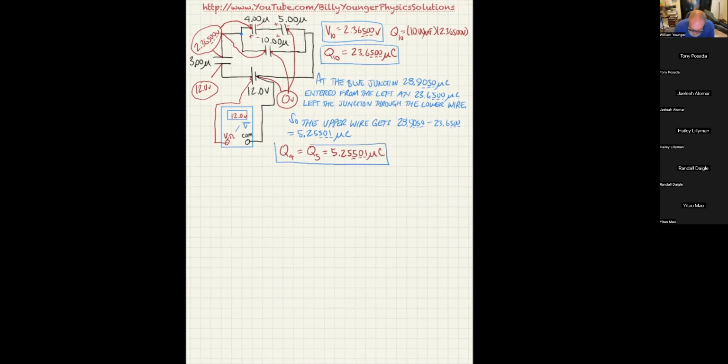So now I've got the charges for the 4 microfarad and for the 5 microfarad. I've also got the 10 and the 3. So I've done all the charges. Now all I got to do is the voltage for each of them.